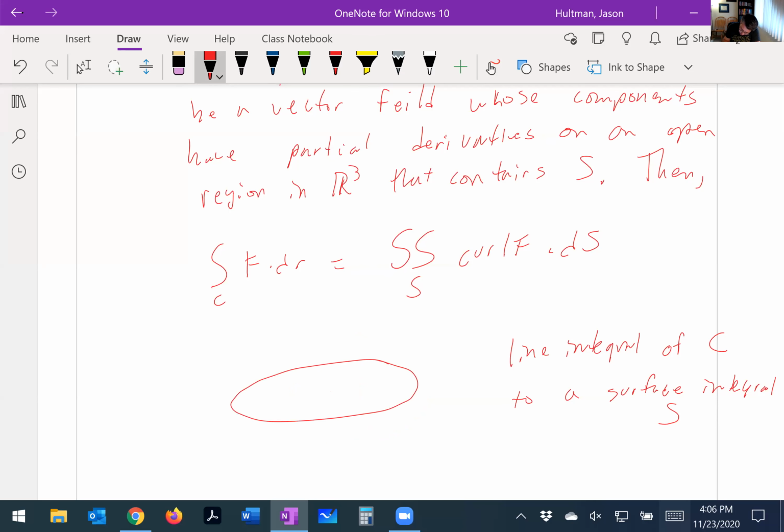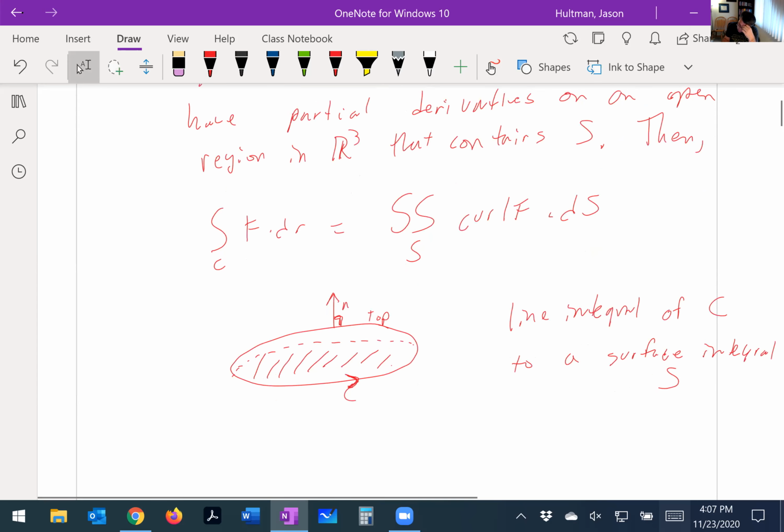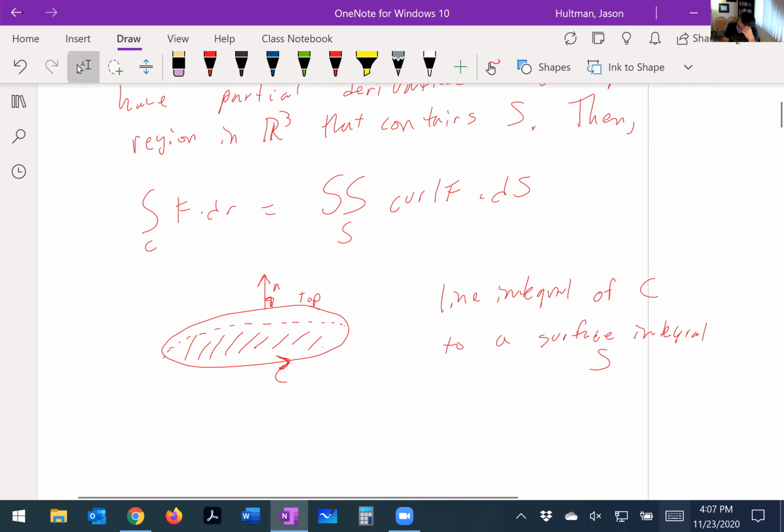Make it simple. So here's my surface with C, positively oriented. This is the top, and this is n, my normal vector. Line integral of C to a surface integral S.